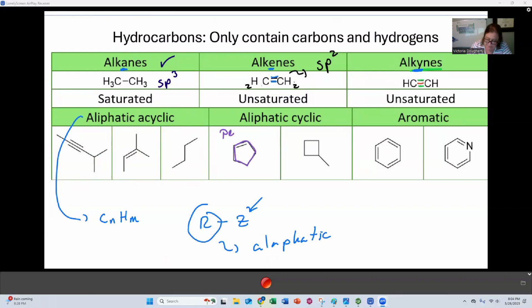We call this a pentene. Ene, because it's an alkene, because it's got that double bond. This next one is actually called cyclopentene, my bad. The next one would be cyclobutane, because all the carbon-carbon bonds are single. All the carbons are sp3.